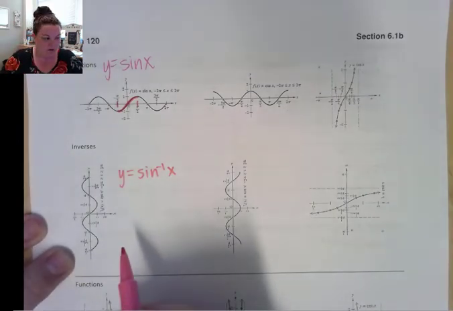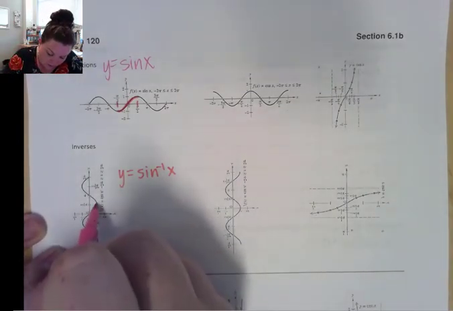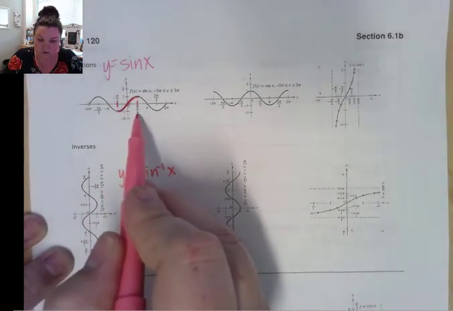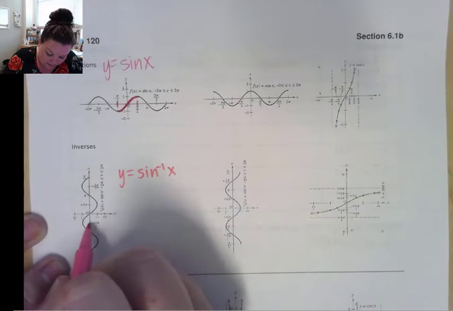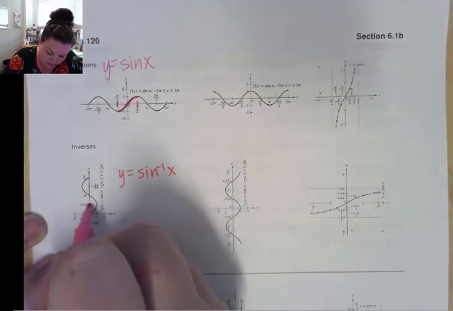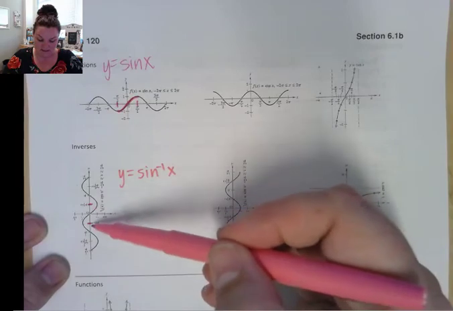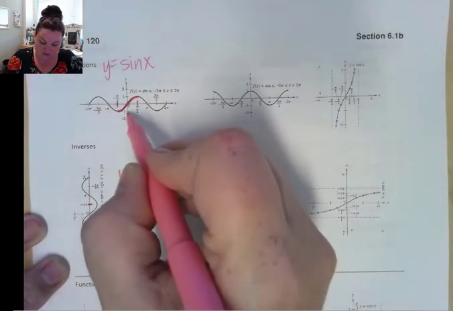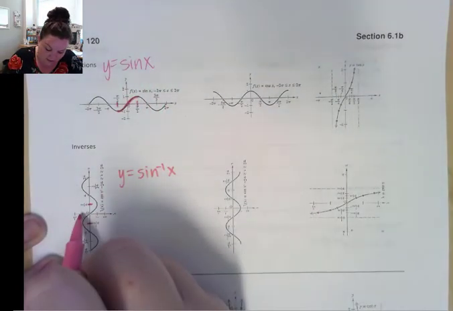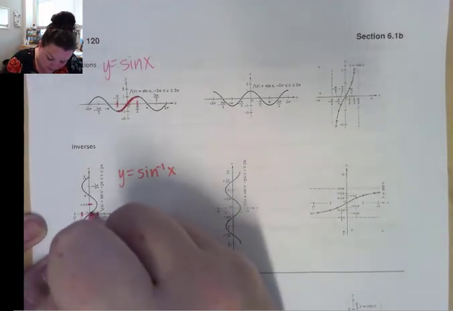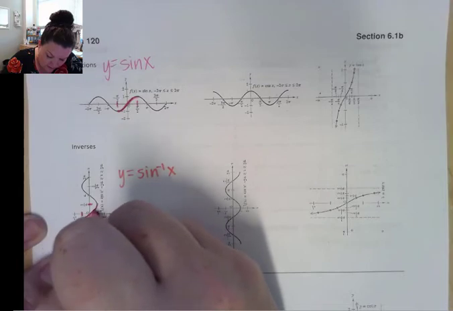Now this one is going to go from negative pi over 2 to pi over 2. That used to be my x's, that's now my y's. And my y's used to go from negative 1 to 1, and notice now my x's go from negative 1 to 1. So that's this little piece right here, okay?